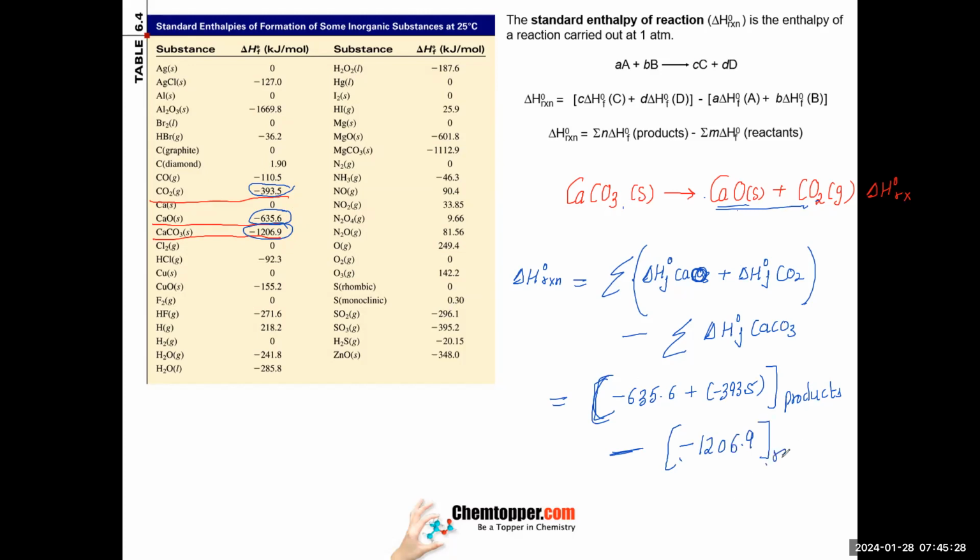This is reactant. And this will give you delta H of the reaction, and you will come to know whether the reaction is exothermic or endothermic, depending upon the sign. Can you solve it? Is it plus or minus?